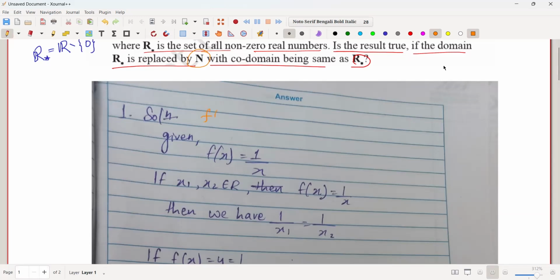So you should write f(x) equal to... okay, sorry, at first you have to write f such that R star to R star, because I have already told that for a function the domain and range is very much important. f(x) equal to 1 by x if x1, x2 belongs to R.